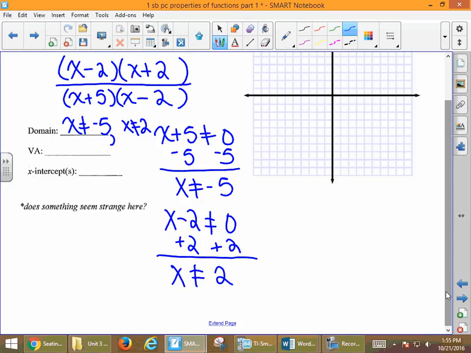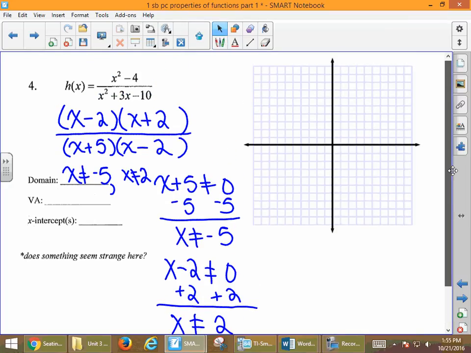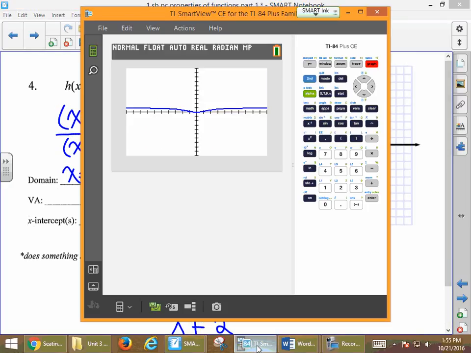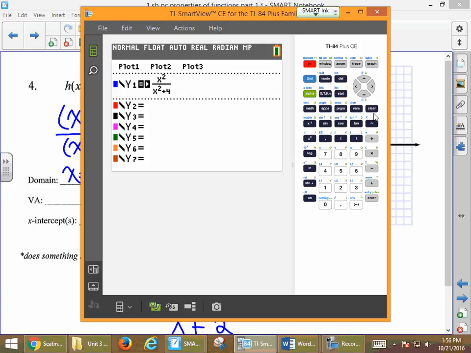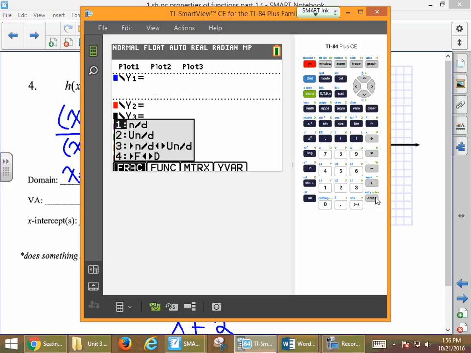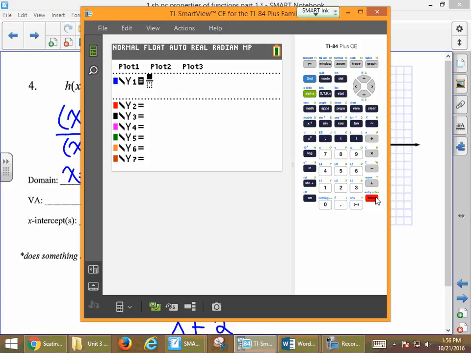But let's go and look at our picture now. I'll type in the original function. So alpha y equals, and then we've got x squared minus 4 divided by x squared plus 3x minus 10.